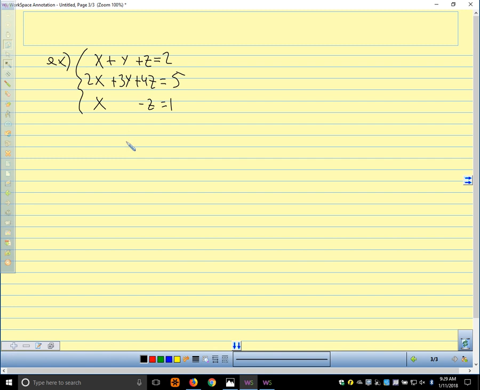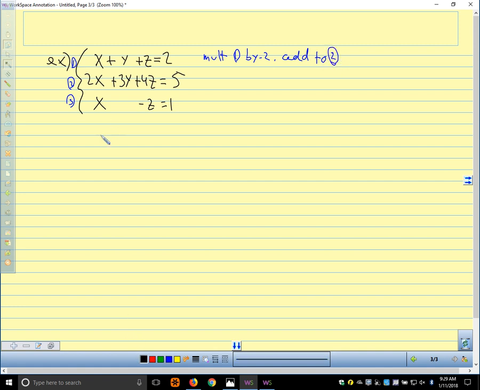So our first step is going to be use these 2 equations, equation 1 and equation 2, to eliminate this 2x. So what are we going to want to do? Multiply 1 by -2, add to 2.